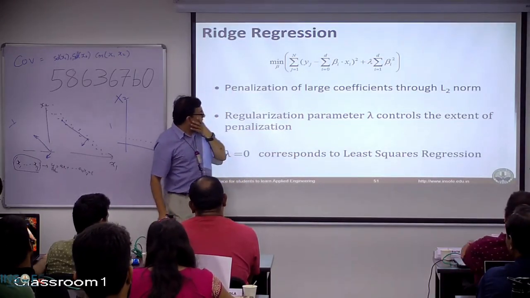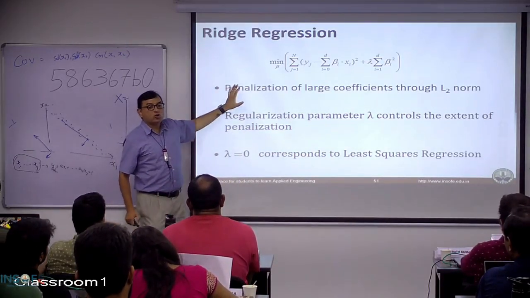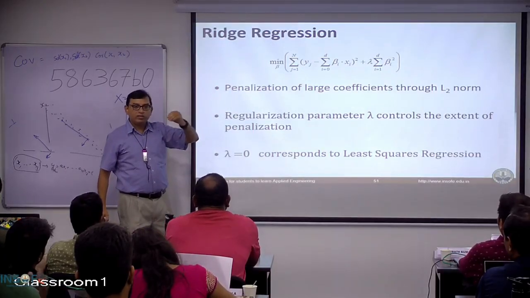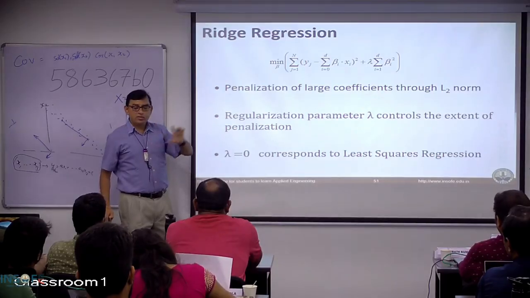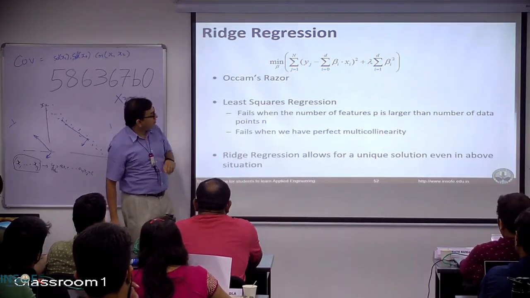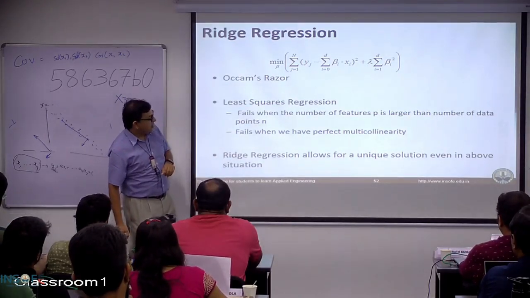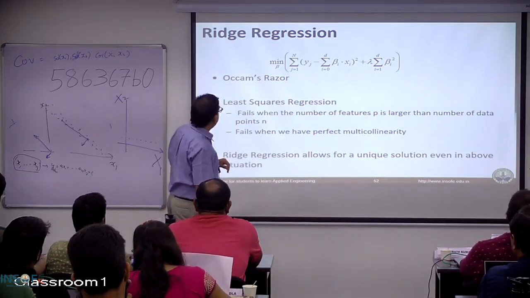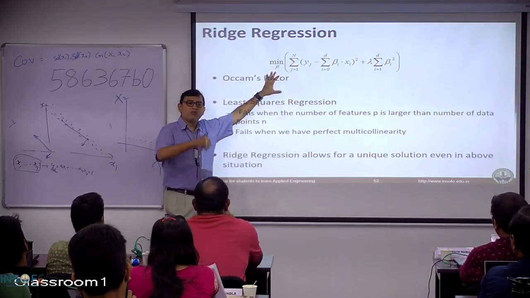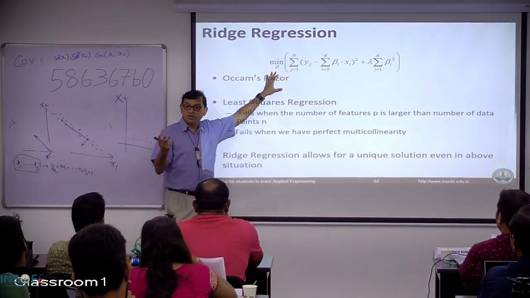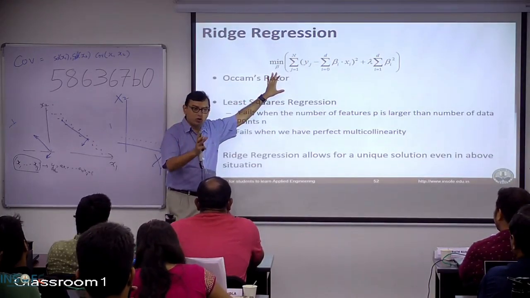So this process is called regularization. The reason for that particular term will be understood in the next slide. So this is actually our way of coding this idea called Occam's razor. This is a concept we talked about earlier.